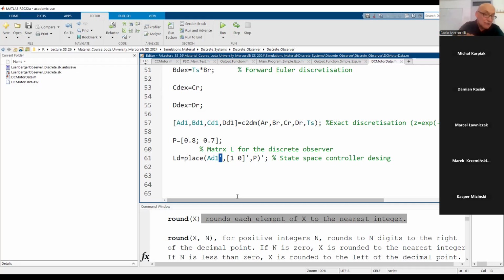Through B, I have the injection of the input, which is nevertheless a signal. Transposed of the matrix A is not a problem because do you remember, the eigenvalues of a matrix A are equal to the eigenvalues of the matrix A transposed.